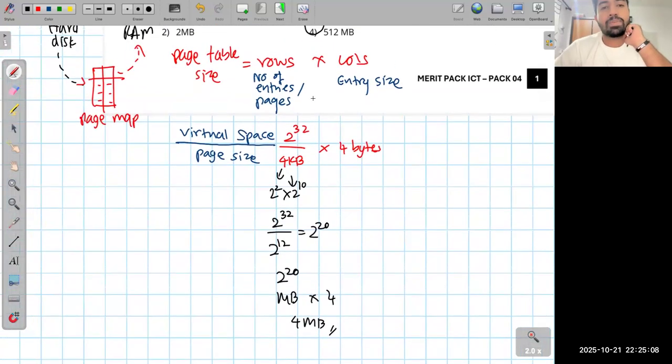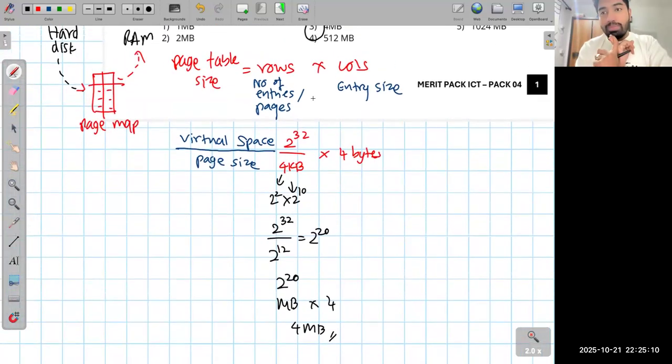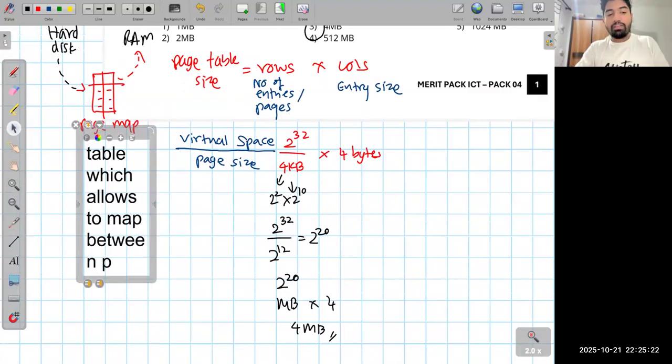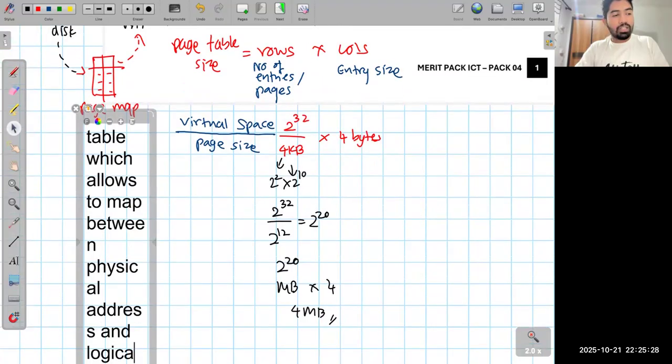Do you understand? Page table size: a page table, or page map table, is a table which allows mapping between physical address and logical address.